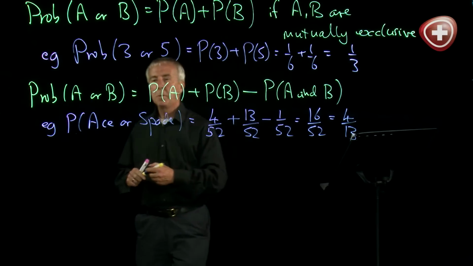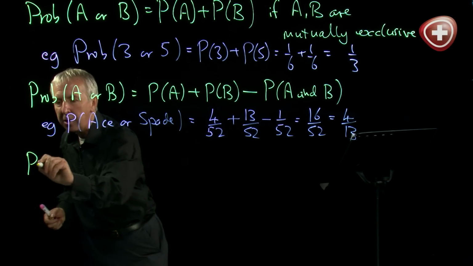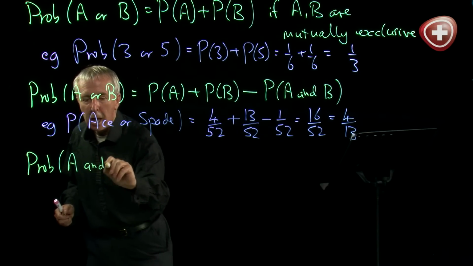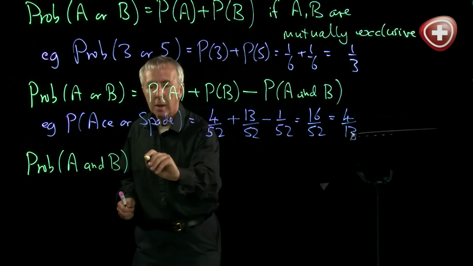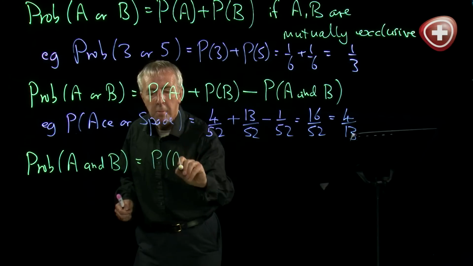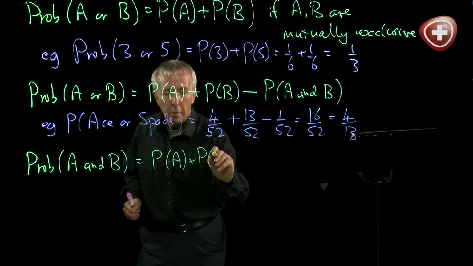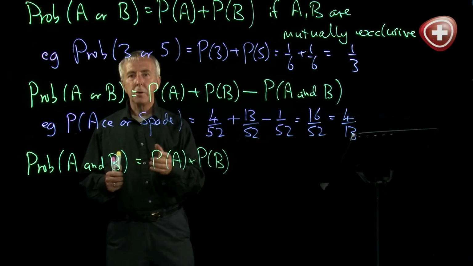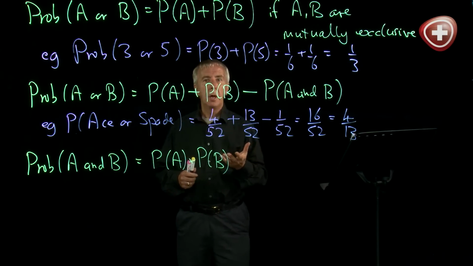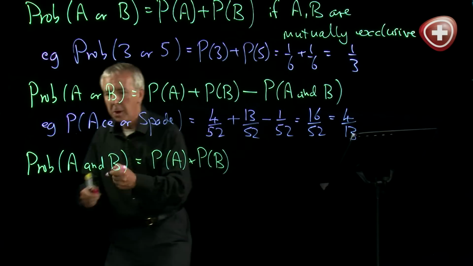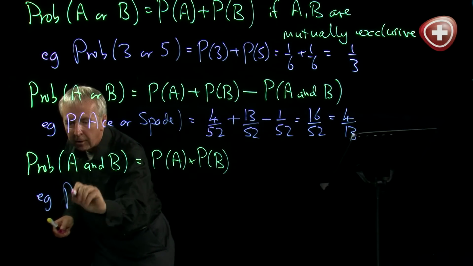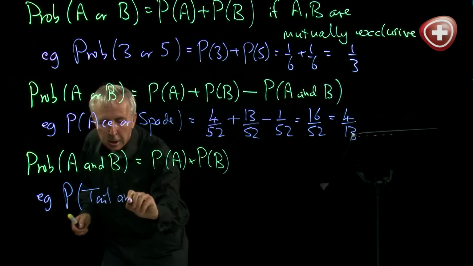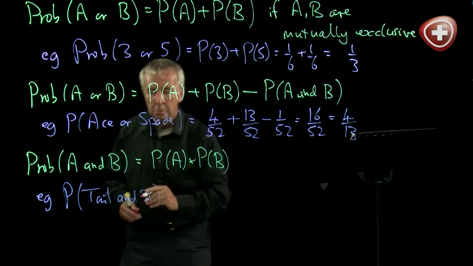The third rule is what we often think of as AND. The chance of A and B, and this is found by multiplying the two probabilities together. And an example of this would be, suppose I toss a coin and roll a dice. What's the probability of getting a tail and a 2?